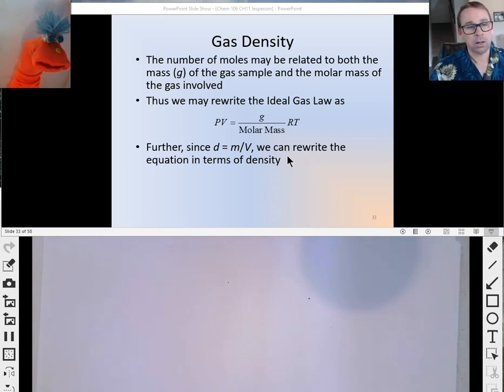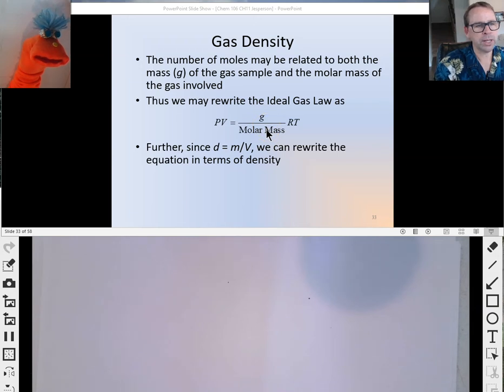the moles of our material in our ideal gas law, PV equals nRT. We can change the units of n to grams over grams per mole, or grams over the molar mass. And now, why would we do that?